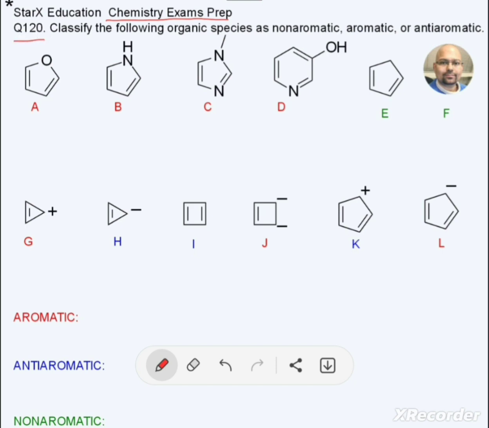This question is asked by Miss Lauren from the State University of New York. In this question, she asked about the classification of these species as non-aromatic, aromatic, or anti-aromatic. So we have a bunch of species.